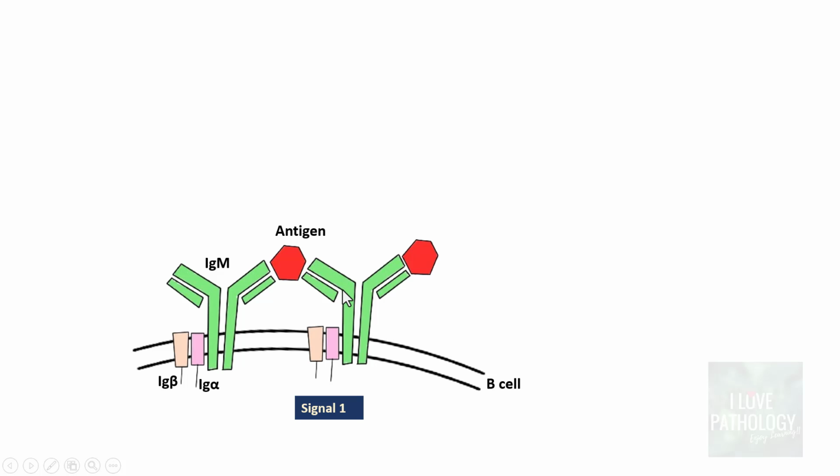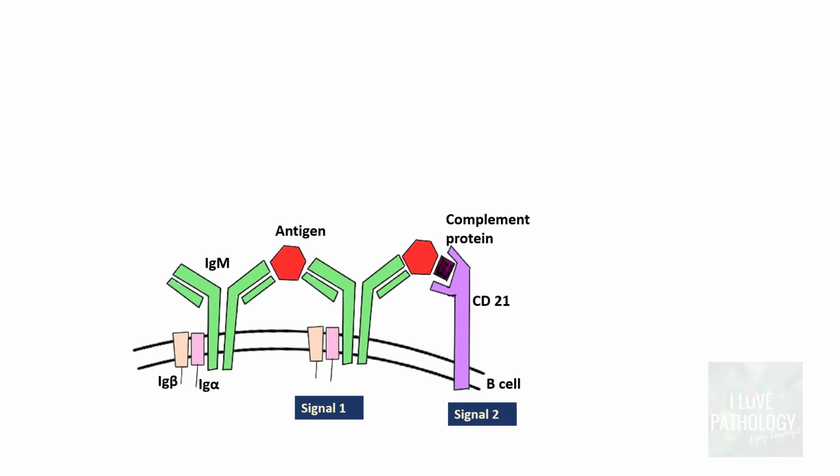How does that happen? That happens with the help of another molecule called CD21. This molecule acts as a receptor for products of complement system, and that's a complement protein which binds to the antigen in question, right? So antigen binds to the complement protein, and this complement protein is identified by this CD21, thus generating a second signal.